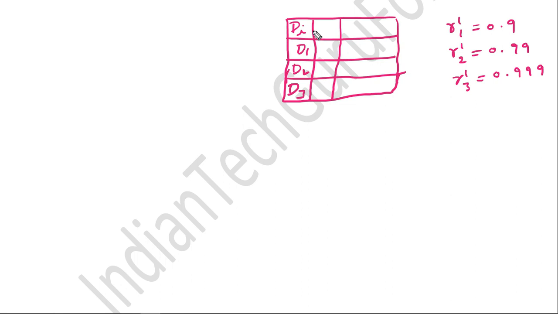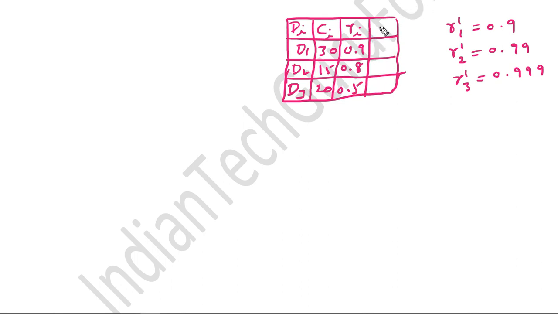We need to purchase these devices. So their individual costs are represented by C1, C2, C3. Assume the individual device costs are 30, 15, and 20. And assume the reliabilities of these devices as 0.9 for device 1, 0.8 for device 2, 0.5 for device 3.